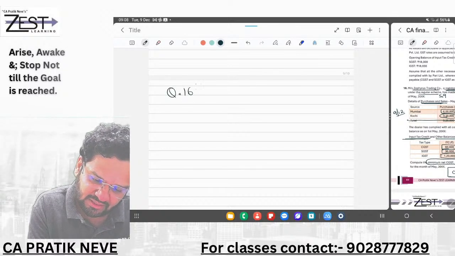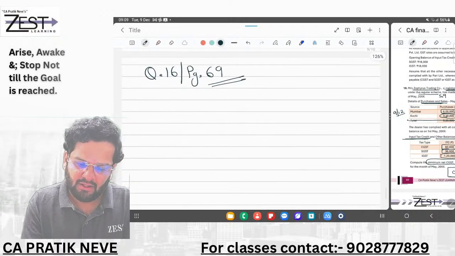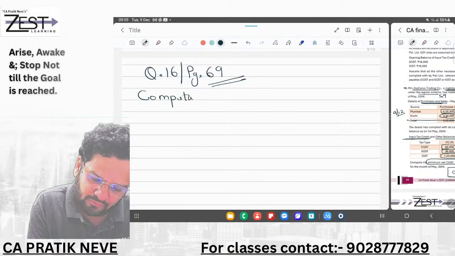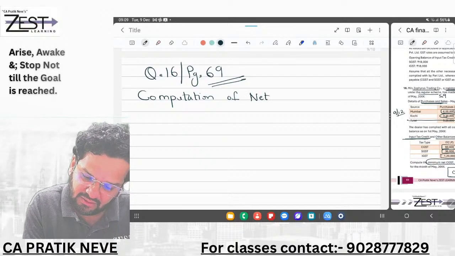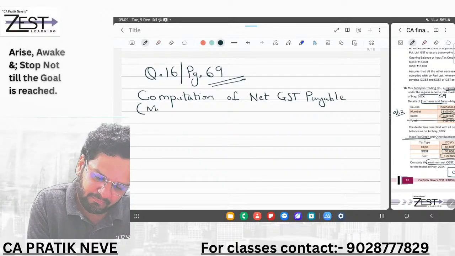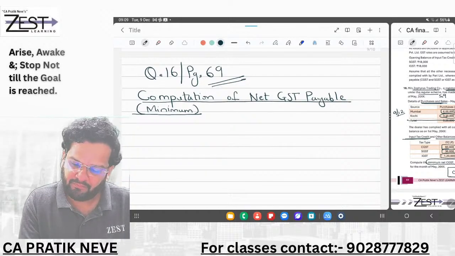I'm just going to show you computation of net GST payable, that is minimum.